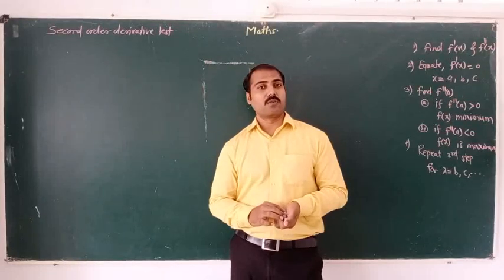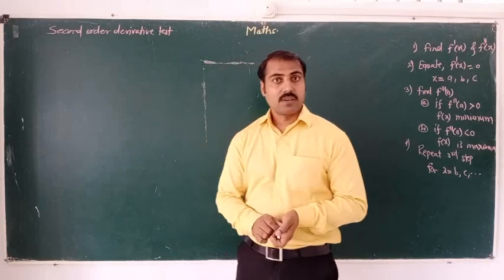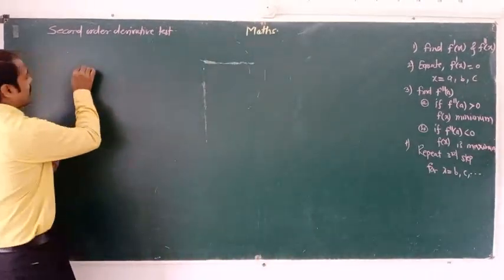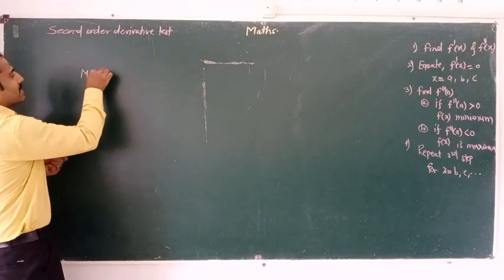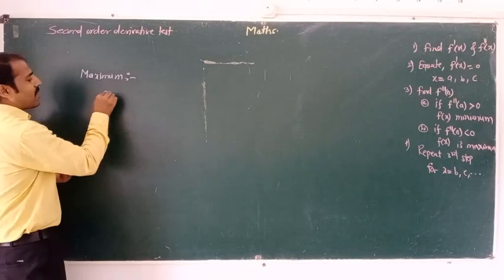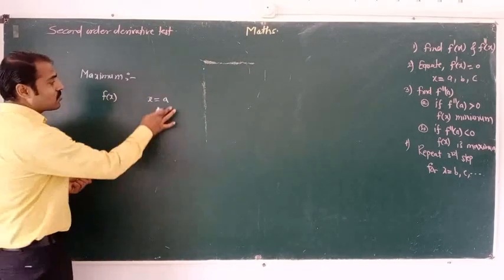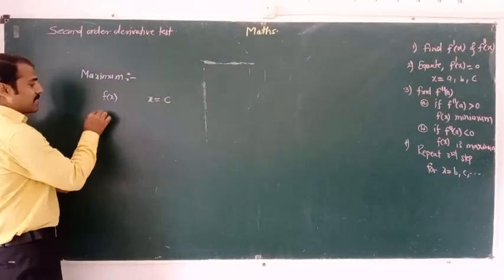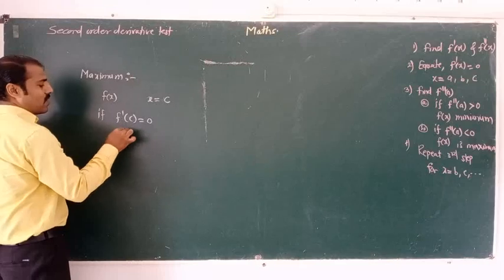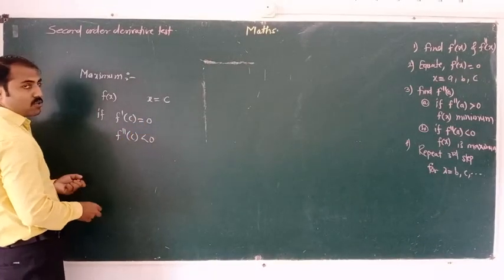In the previous video, we learned about the second order derivative test for the maximum and minimum value of a function. For maximum, the condition is what? A function f of x is said to be maximum at x equal to c if f dash of c is equal to 0 and f double dash of c is less than 0.